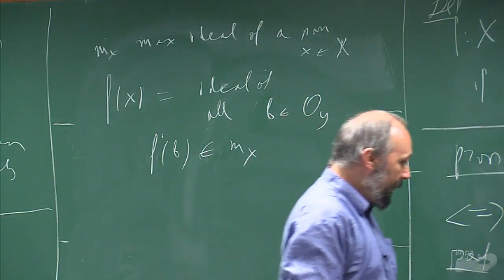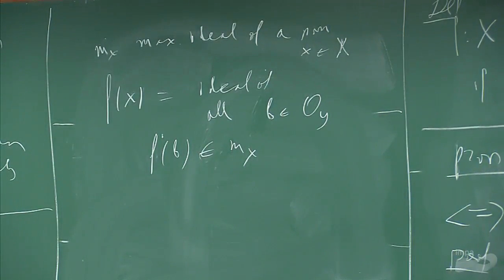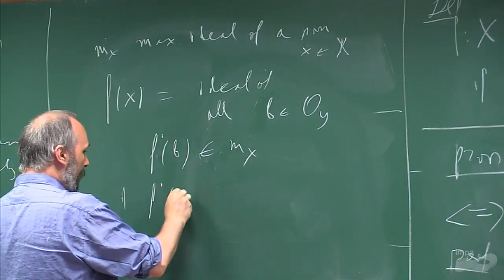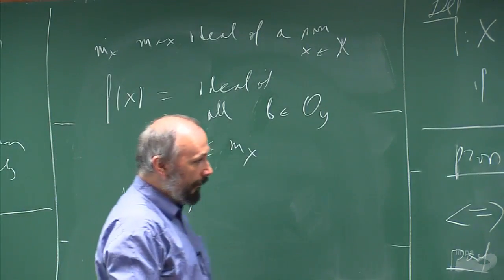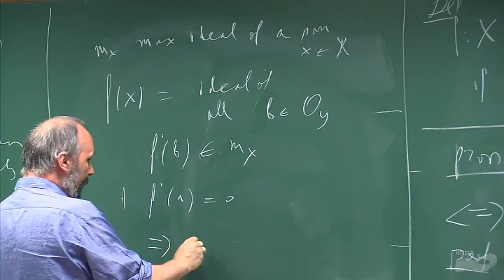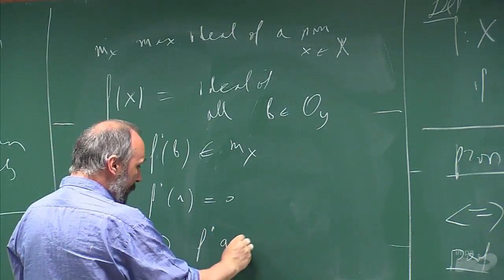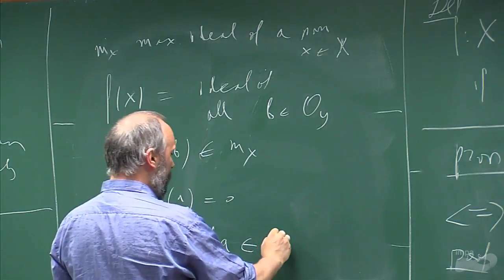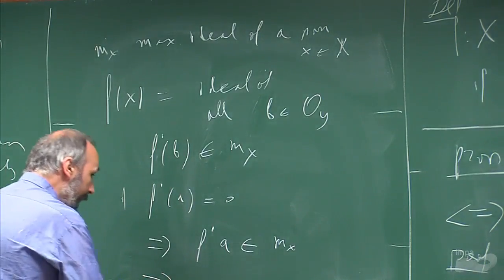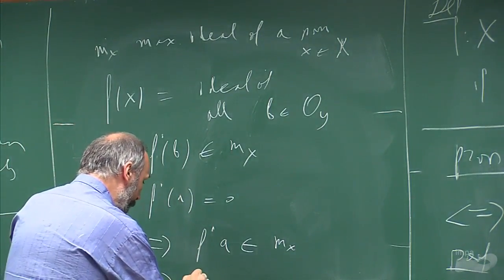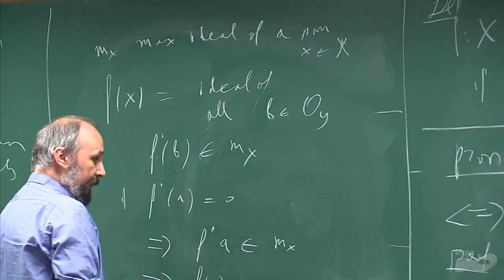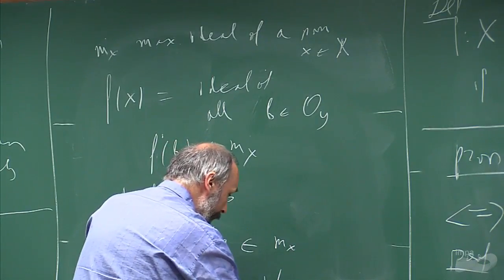But if f star of A is always 0, this means that f star of A belongs to this ideal Mx, because it's 0. And then f of x belongs to the set of zeros of A.